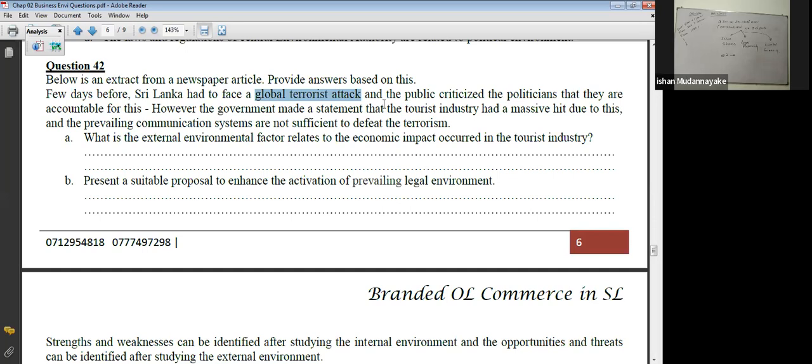Sometimes the examiner may provide marks for the global environment as well, but the political environment, political instability, is one of the reasons for that terrorist attack.